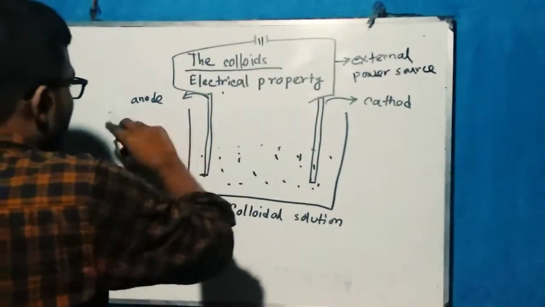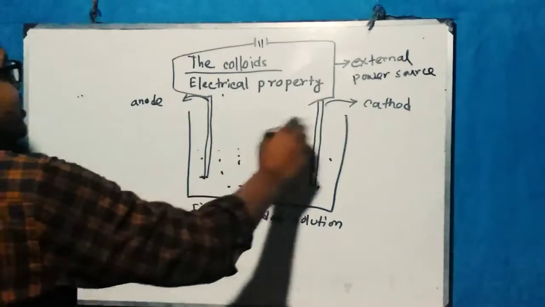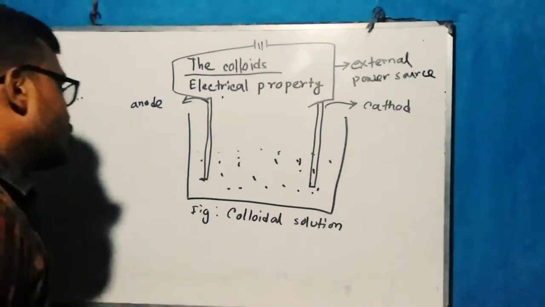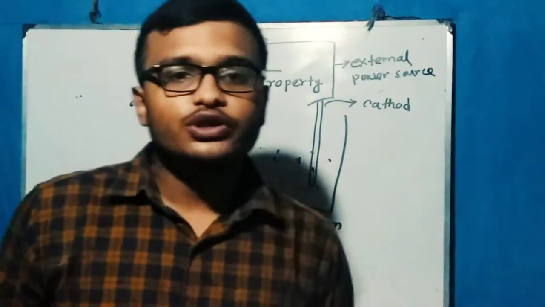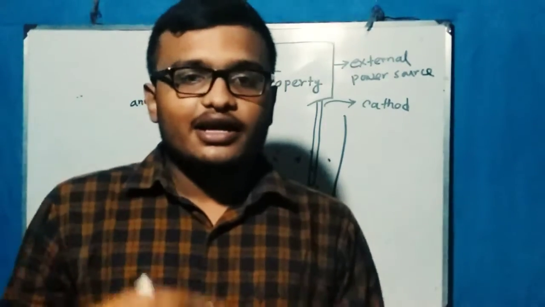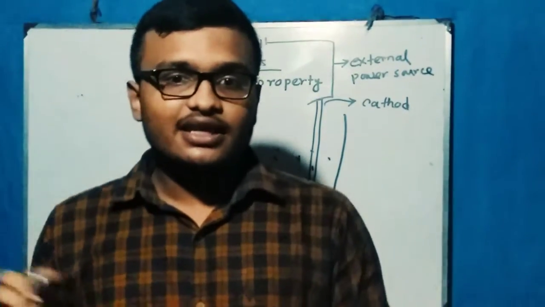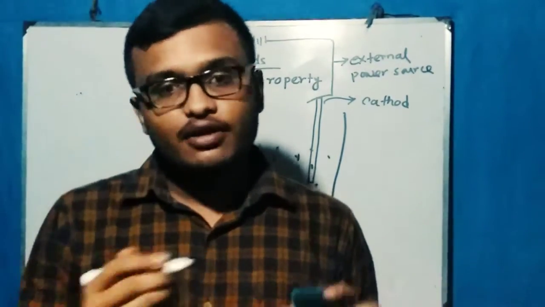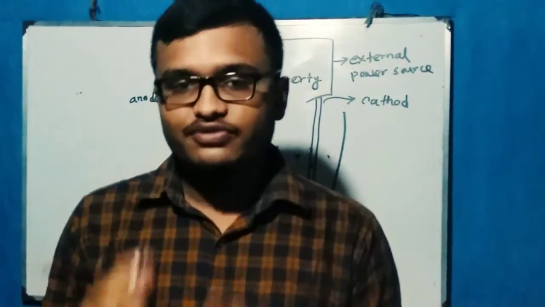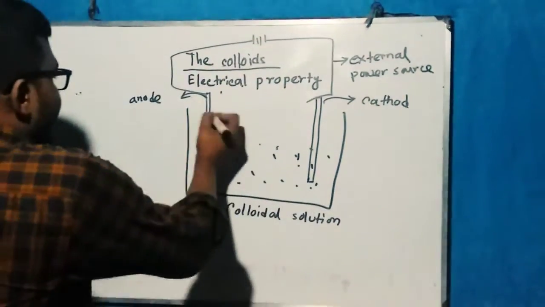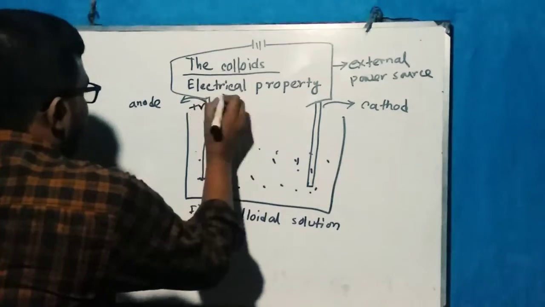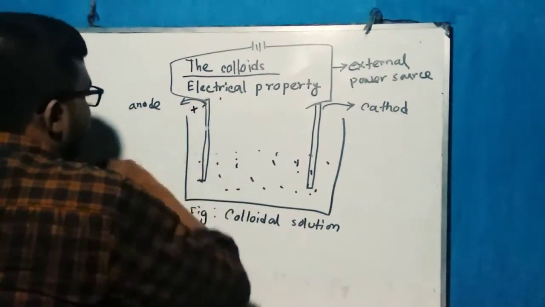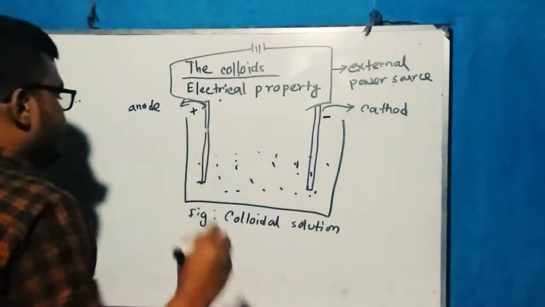From this battery there is an electric potential across the anode and cathode. From chemistry we know that positive charge attracts negative charge and negative charge attracts positive charge, and the same charges repel. So the anode is positive and the cathode is negative.